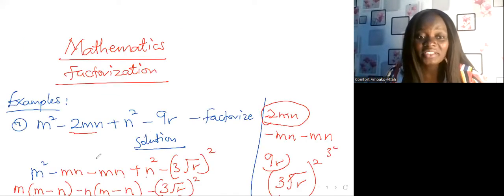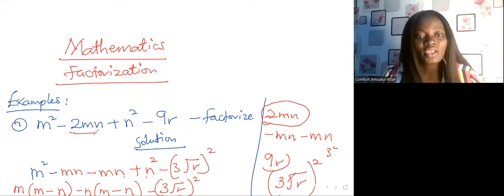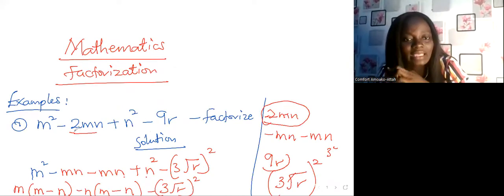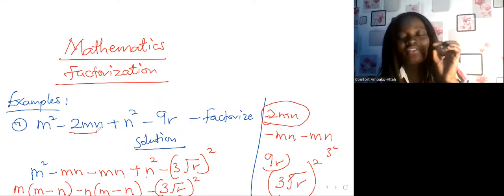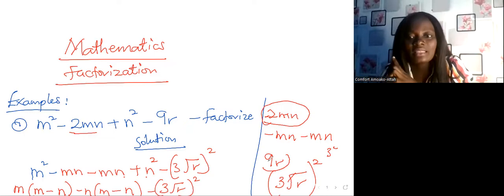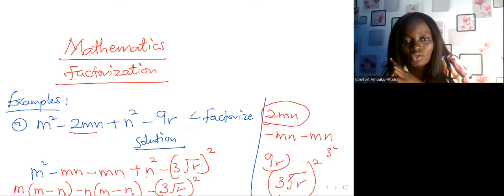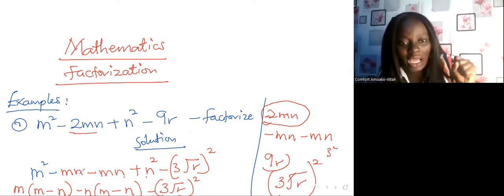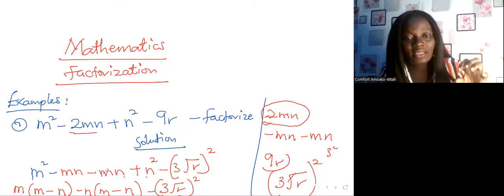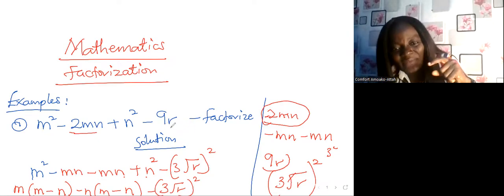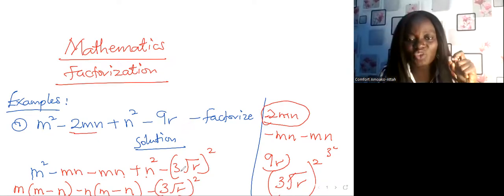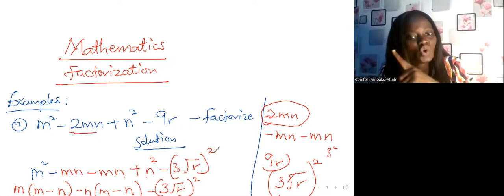All right, so very simple. With this one, go systematically. This gave us negative, that is 2 of the negative mn. That is what we had here. So we broke it down. We simplified it. Plus n squared minus, we also simplified this side to get 3 root r all squared.